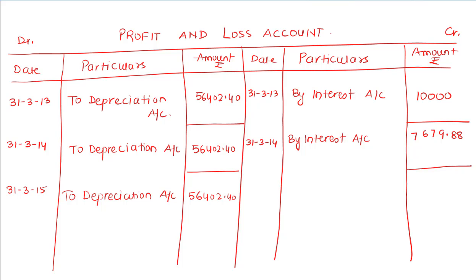Transfer the interest amount in profit and loss account, 31st March 2015, by interest account, 5243.75. Let us close it over here.